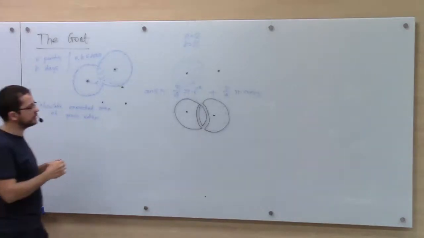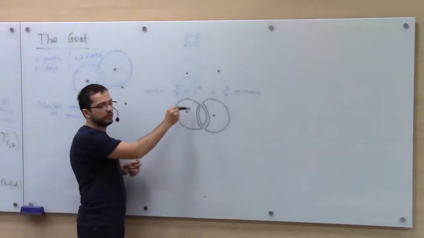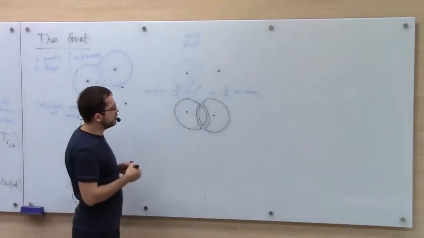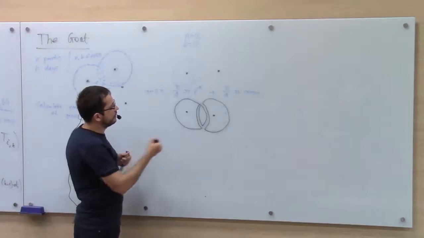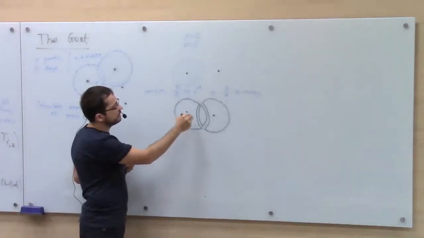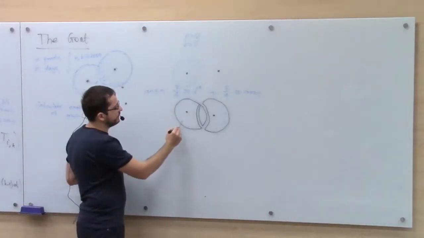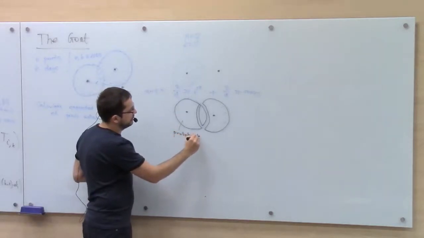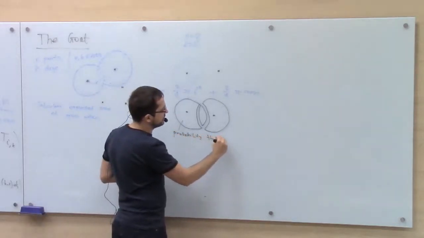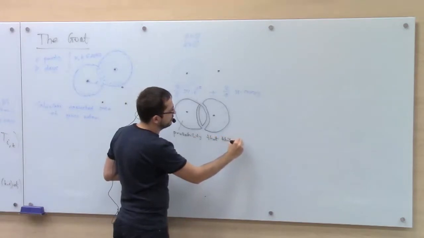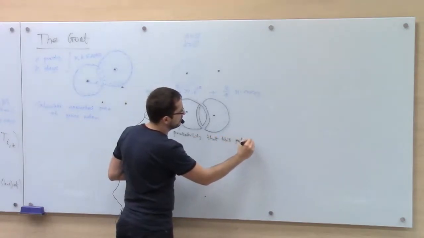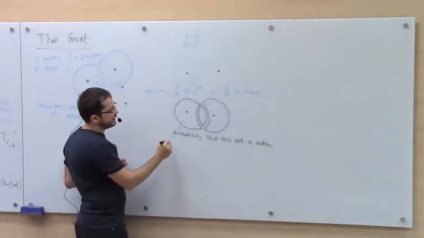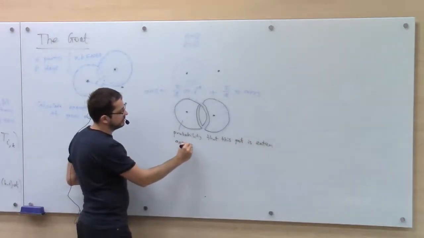We know that for all of the points in one part, the probability will be the same. So for every such part, we will be interested in the probability that this part is eaten, and the area of this part.